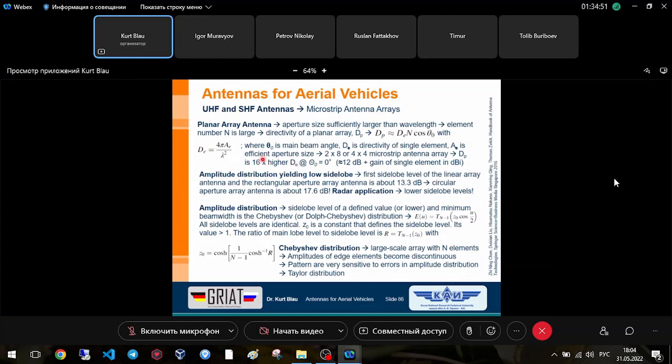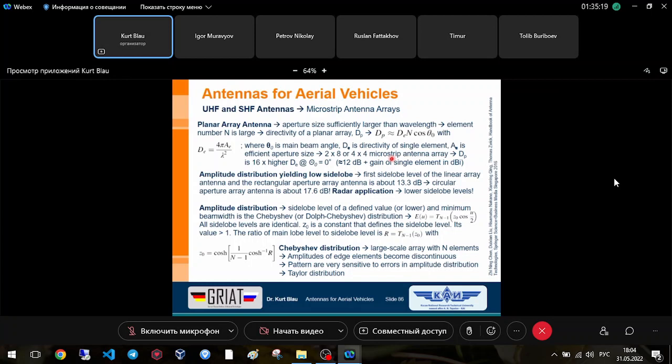It means the gain must be 16 times higher than the gain of a single element at observation angle of 0 degree, we say boresight, or observation angle in the main direction.